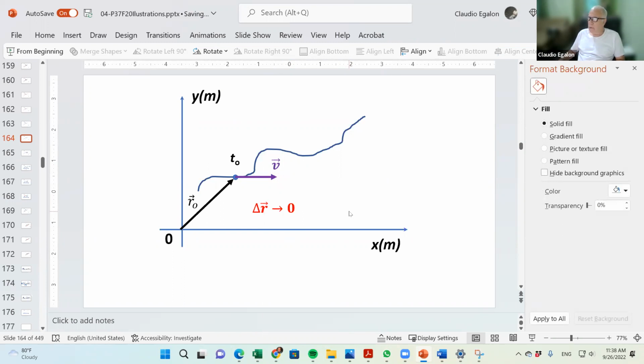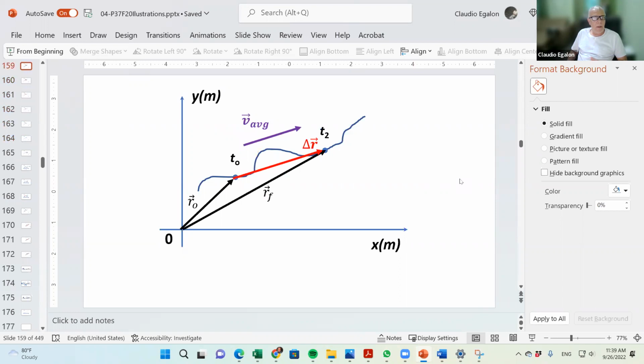I'm going to write that down for you. Let's play the movie again. 11:38, we still have enough time. Here we go. We start with this average velocity, delta r. We start shrinking my delta r. I shrink not only the delta r, but also the delta t.